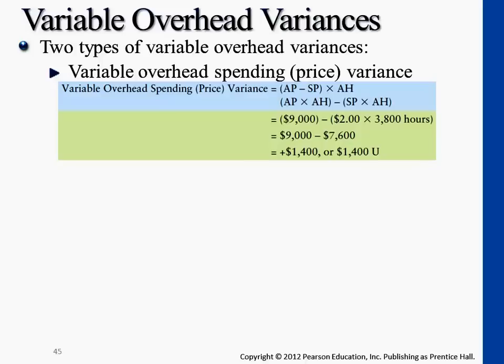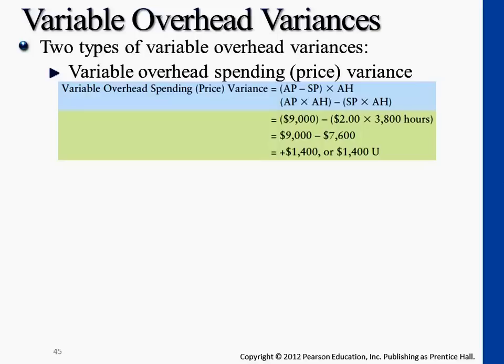So the original 8,000, we had 6,400 as static budget variable expense, but since we used flexible budget 10,000 outputs, based on that, each and every hour, altogether, the cost spent is 7,600, based on the actual outputs and the actual hours, which was 3,800 hours.